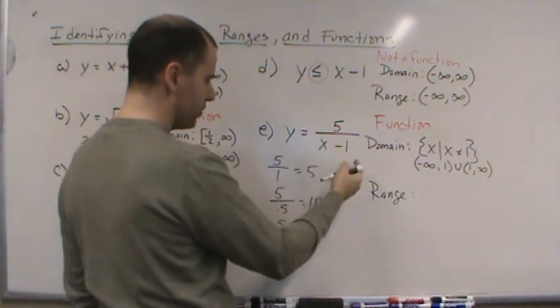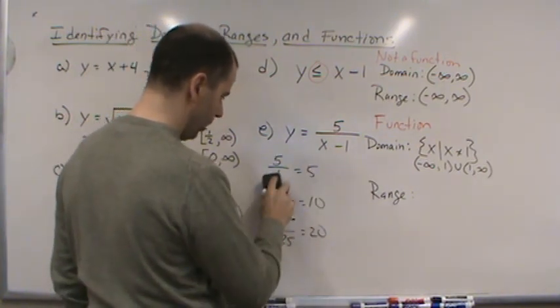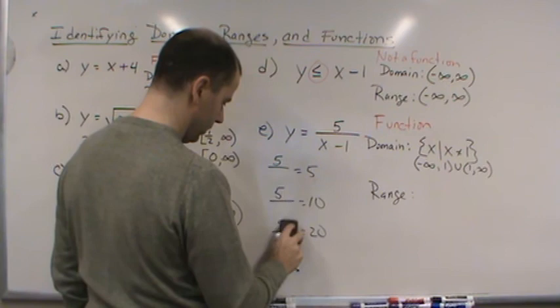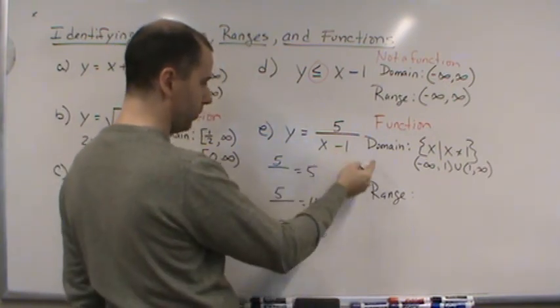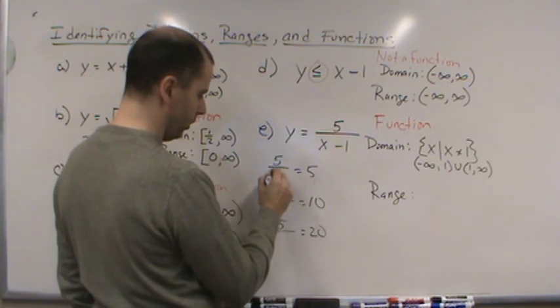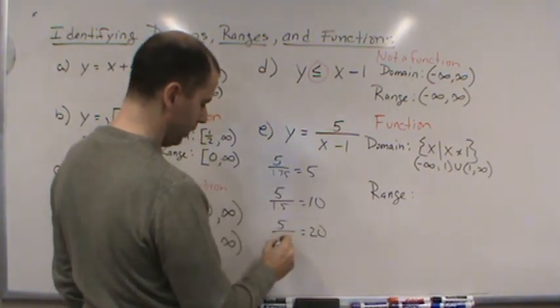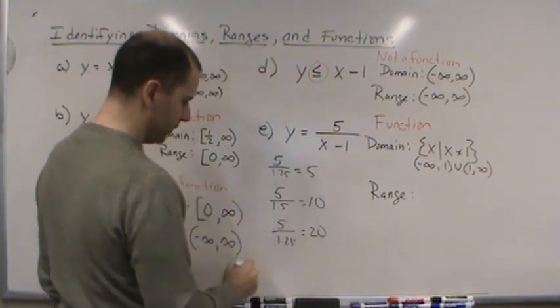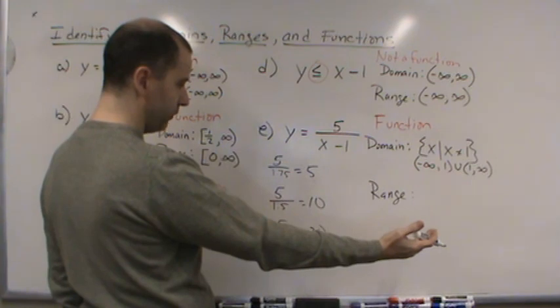Now if I approach 1 on the other side, now instead of the left side, I'm going to approach 1 from the right, so let's say 1.75, 1.5, 1.25, and so now I'm getting closer and closer to 1, but from the other side of 1.